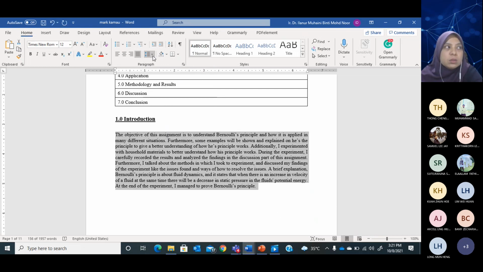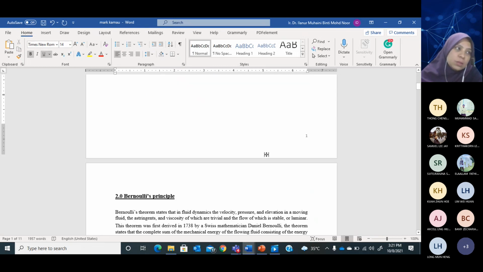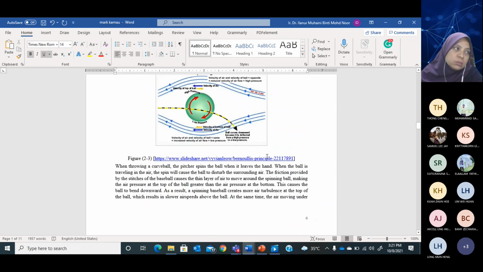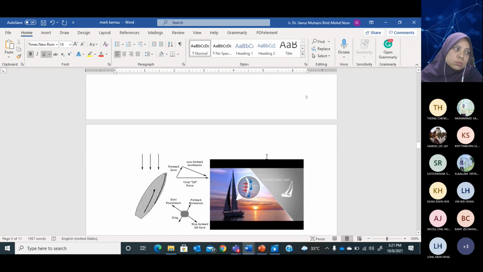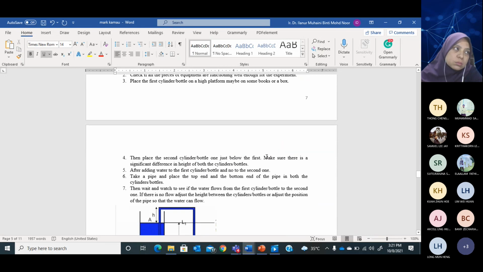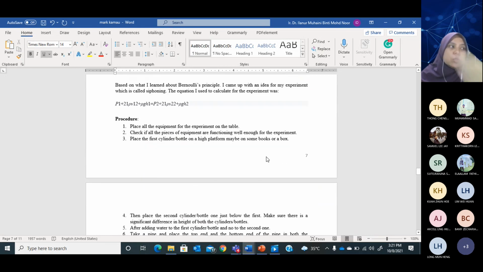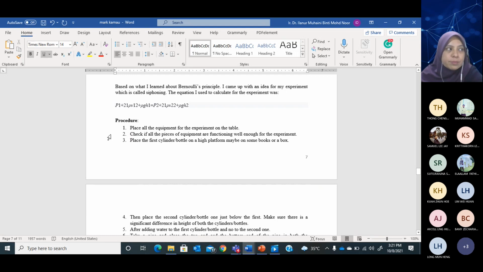Paragraph spacing. Other than that, methodology, procedure. Place all the equipment for the experiment in the table.